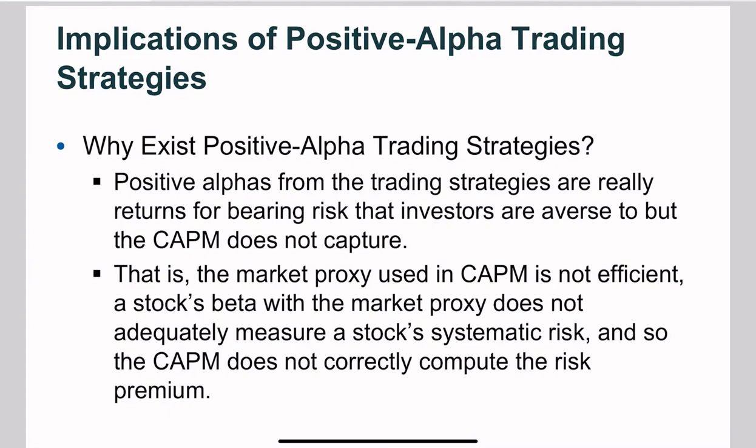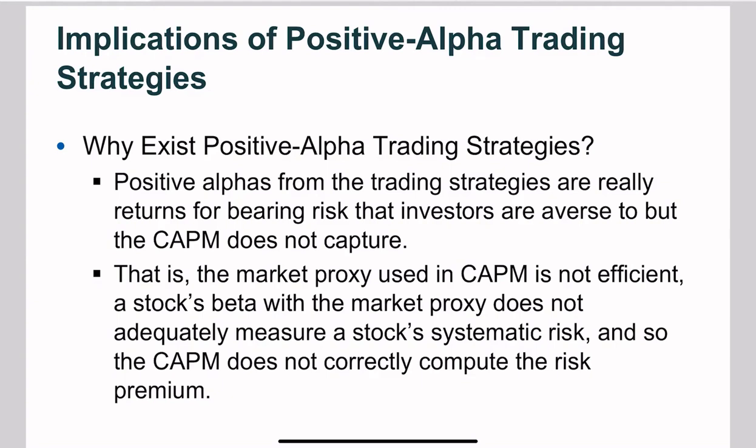So after seeing these evidences, you would think, why do we have these positive alpha trading strategies, right? This is actually a very controversial topic. Here, we will just focus on the potential that maybe the market portfolio is not efficient. So, what's the explanation that we can find positive alpha trading strategies?